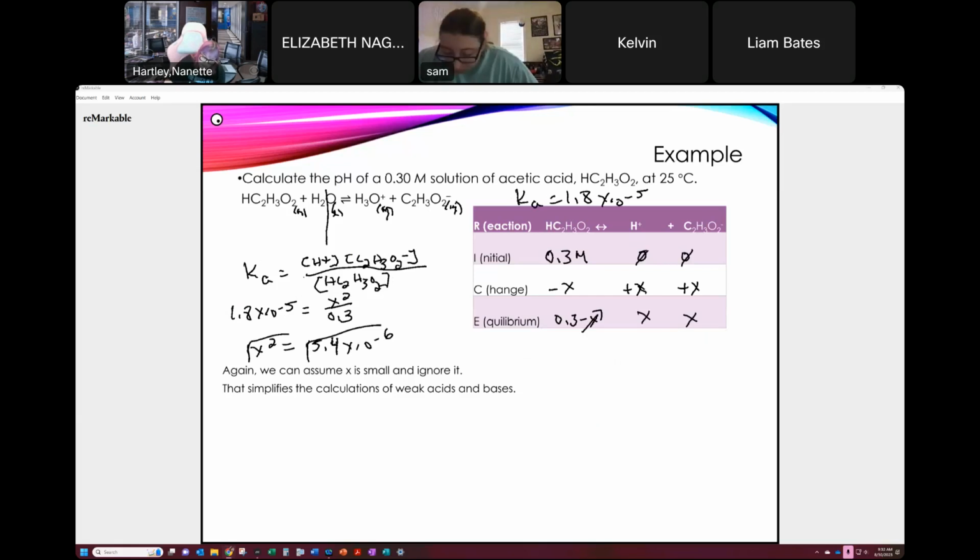Take the square root of both sides, and I get x equal to 0.0023 to 2 sig figs, and that is molar. I know that that's equal to my H plus concentration. And so if I want a pH, that's the negative log of that number right there. And that gives me 2.63. Yeah, 2 decimal places because it's 2 sig figs.